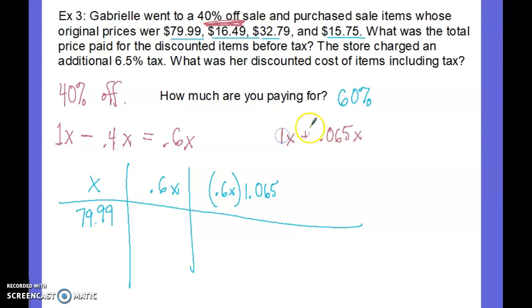Well, this is 1x plus 0.065x, I hope you're recognizing where I'm getting this from. So you can just make a table this way and then use a graphing calculator, or any calculator for that matter.